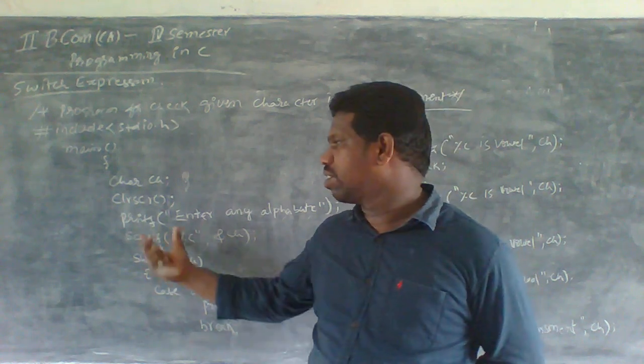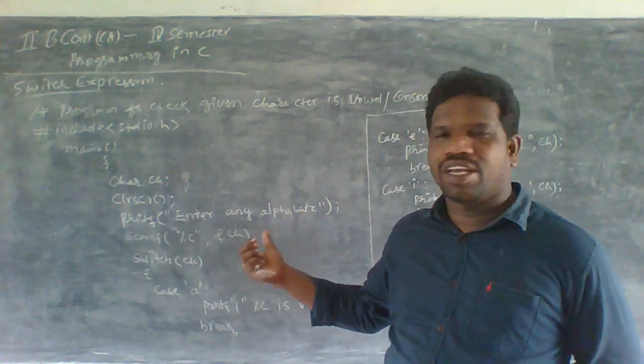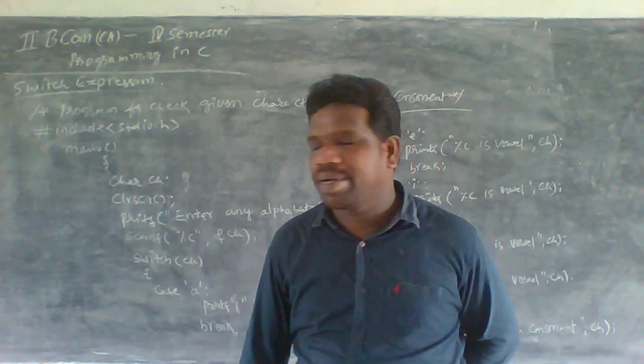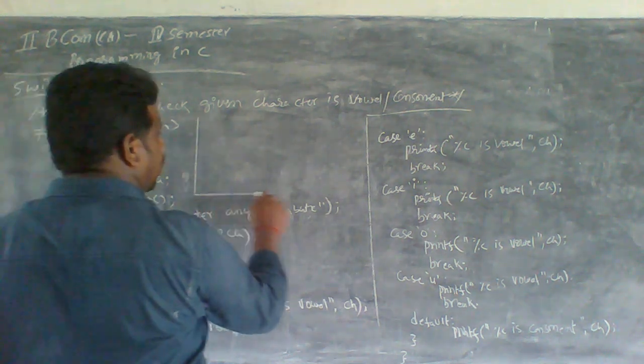Okay, in this session we have to write a program to enter any alphabet. It asks at runtime, "Enter any alphabet". So the output of the program is going to be like this.